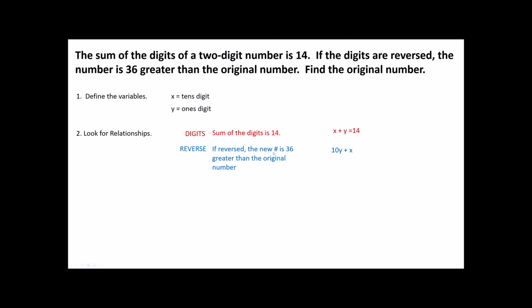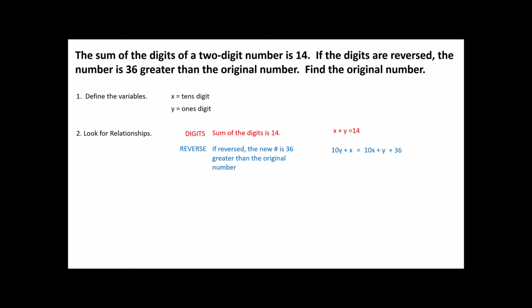If reversed, that new number, this 10y plus x, is always an equal sign, 36 greater than. Notice 36 greater than is always addition, but the than changes the order of the addition, the original number. Well, the original number was 10x plus y.